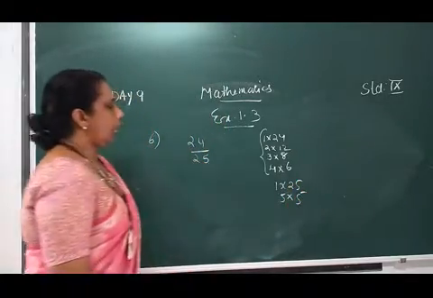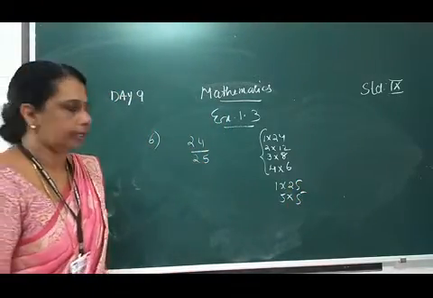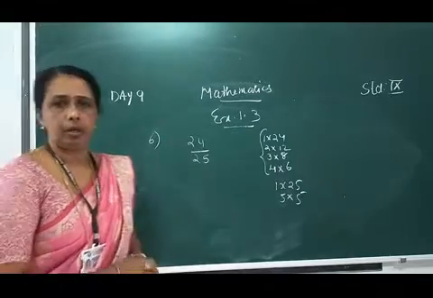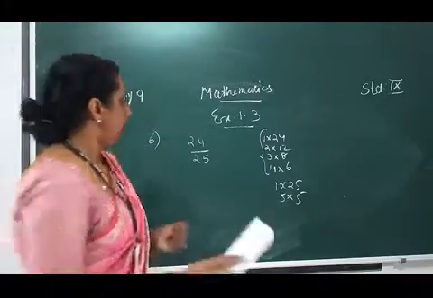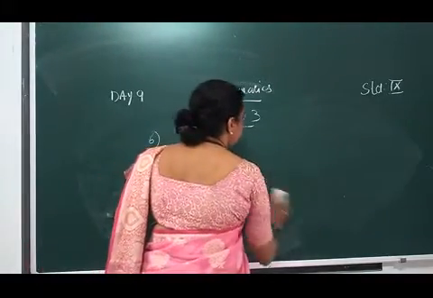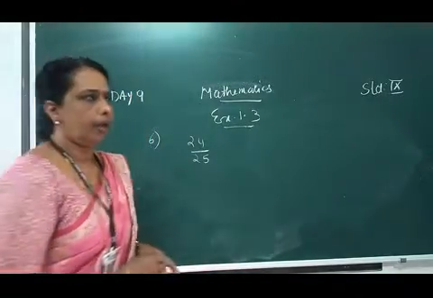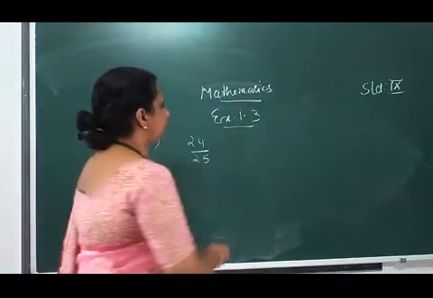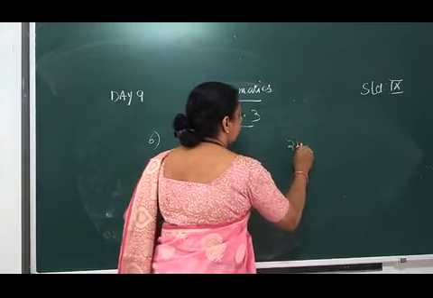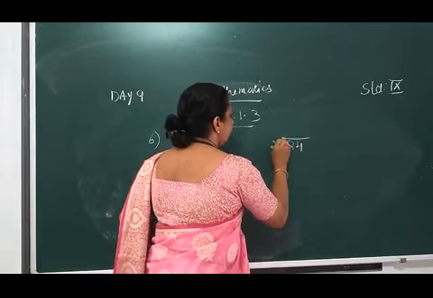Having only 1 as a common factor, 24 and 25 are co-prime numbers. Here its decimal expansion is terminating. Then let us find 24 divided by 25.